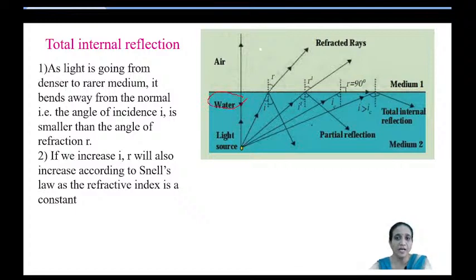Light is going from the denser medium to the rarer medium, so it bends away from the normal. Now if we increase i, r will also increase according to Snell's law, as the refractive index is constant.